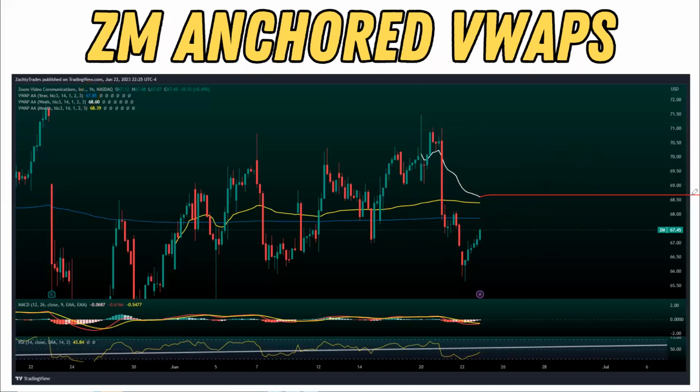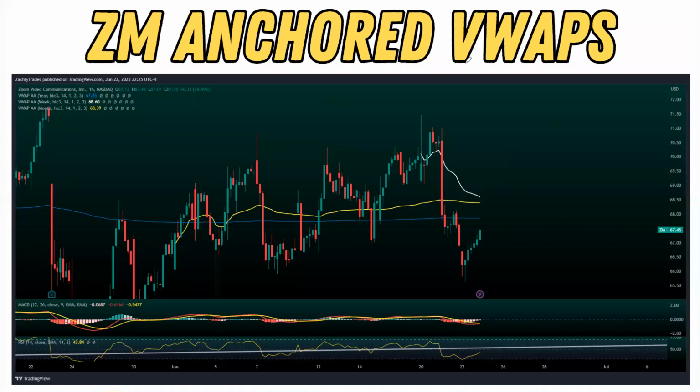Our weekly anchored VWAP is right at about 68.70, then we have our monthly right around 68.50, and then we have our yearly just below $68. So these are going to be important areas. Market makers tend to sell or buy at the volume weighted average price, and these are some key areas you do want to pay attention to.